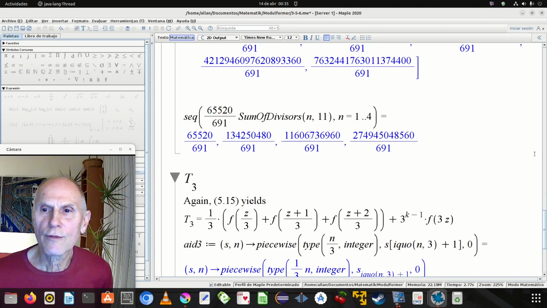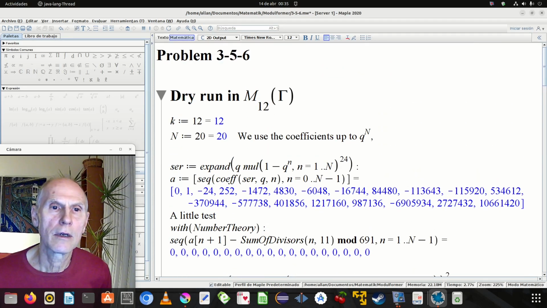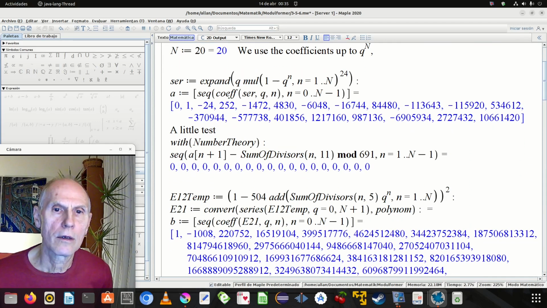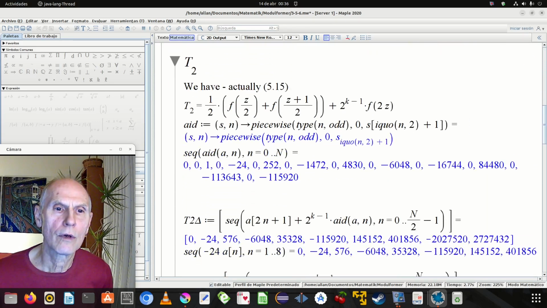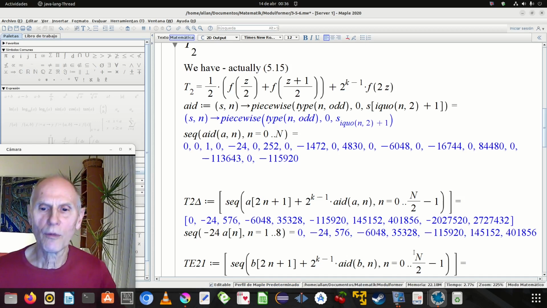Now I wrote this formula up here. Here we have it. It's f of z halves. It's not clear. Well, I'll just find the right formula in the book and write its number, and then it should be clear.